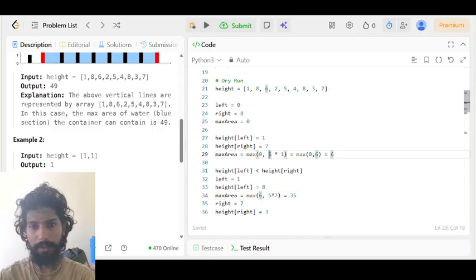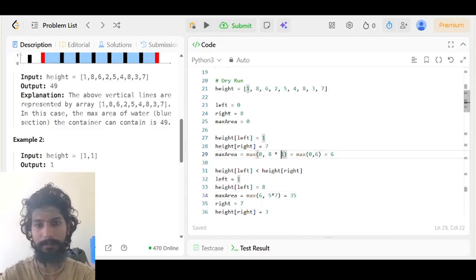Okay, so it was not 6 but it was 8. Right minus left is 8 and distance is now 7. So it will become 49.